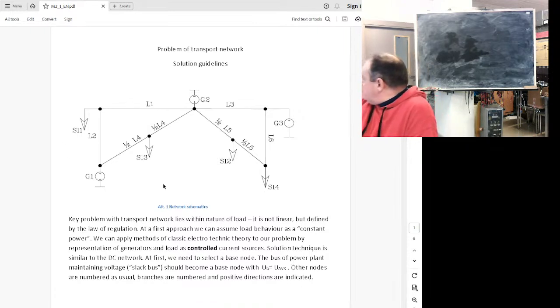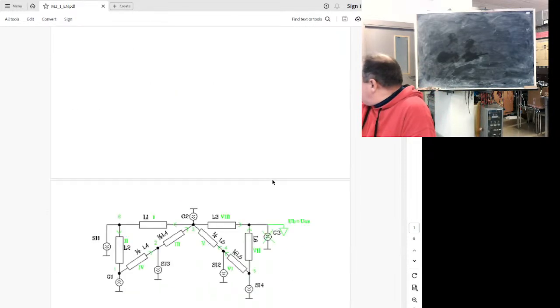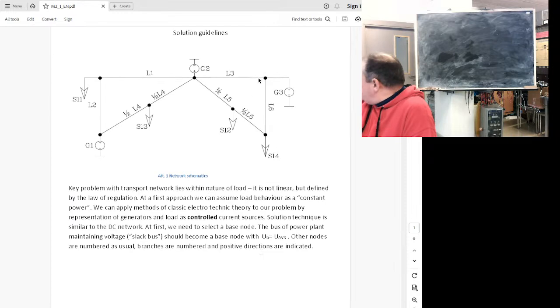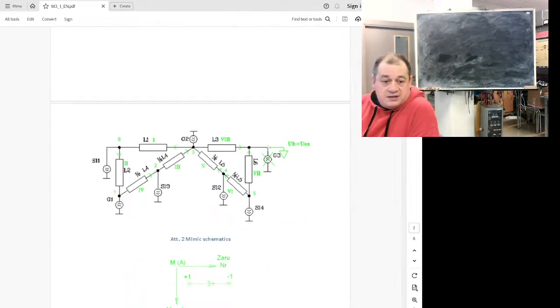Here is the network. Generators, loads. This one, number 3, was assumed as a voltage controller. So this one will be the base node.